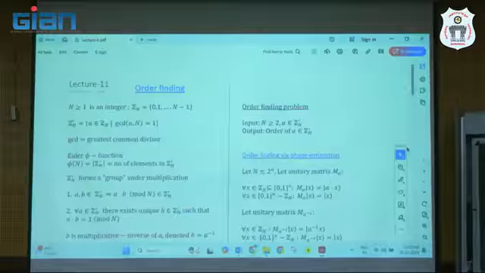What is the order finding problem? We are given an integer n, and this set is Zn.